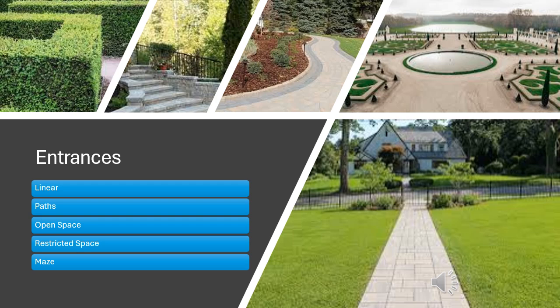Open space is an open area, or maybe a combination where it has a linear and then it goes into an open space where people tend to congregate. Restricted spaces, for instance, a linear that reduces to where traffic can only go to and from within a specific amount of feet.